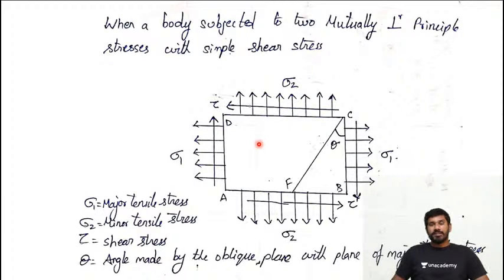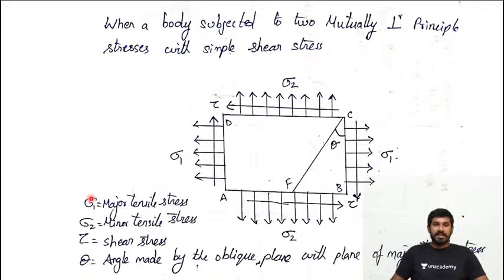Now, when a body is subjected to two mutually perpendicular principal stresses with simple shear stress, that is the one. So sigma 1, sigma 2 with shear stress is given.